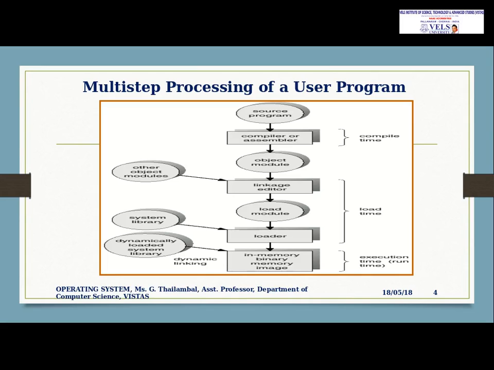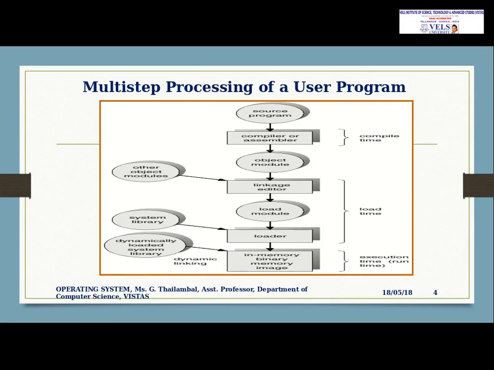Now the multi-step processing of every user program. We are going to give a source program. It could be a Java application program, or a C or C++ application program, whatever it is, we give a program which is called a source program. That source program will be compiled by the compiler and converted to an object program or object module.